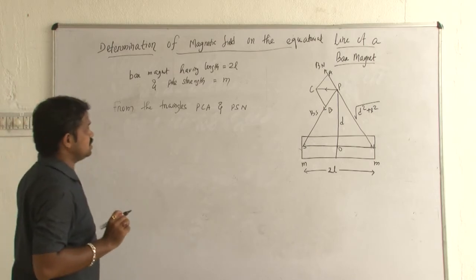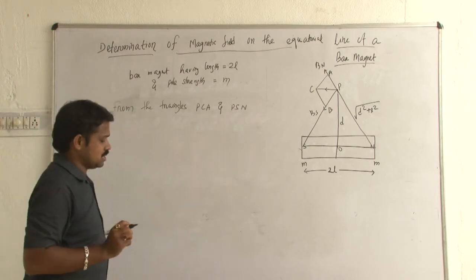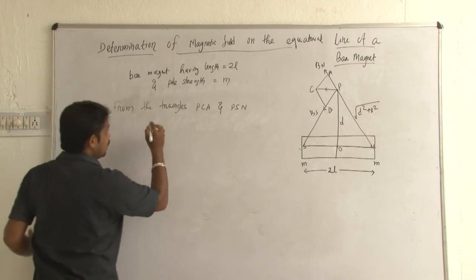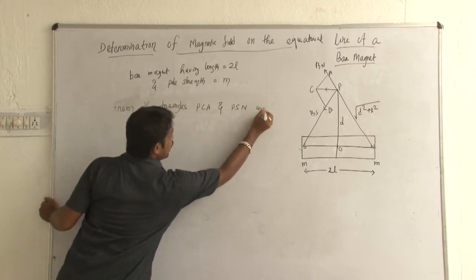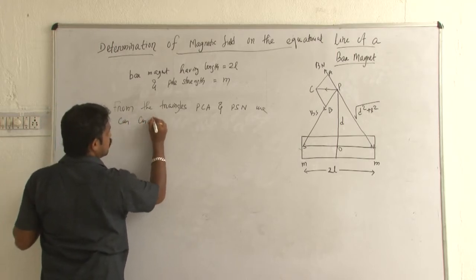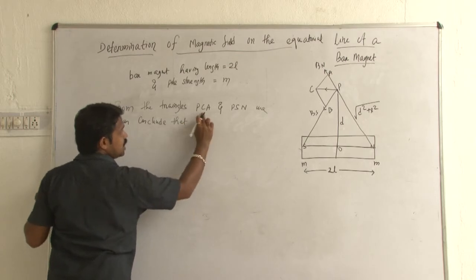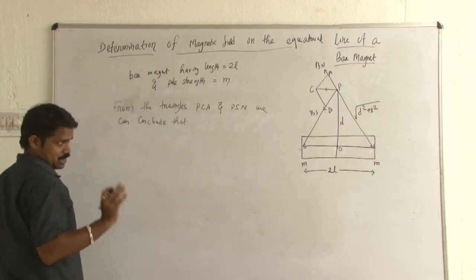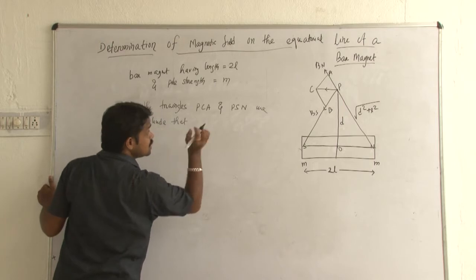Okay, so from these two triangles, we can conclude that these two triangles are similar. By applying the mathematical rules, we can get that these two are similar.